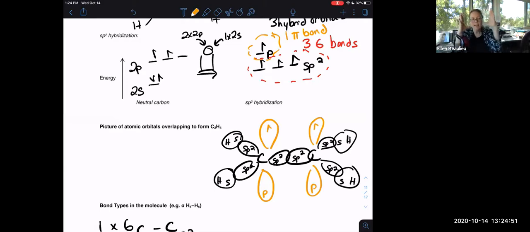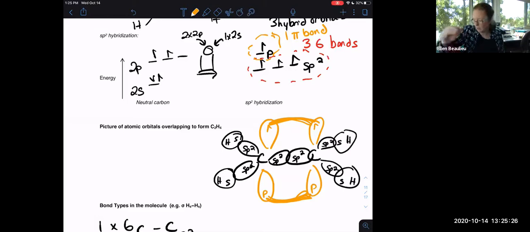So what I want you to think about is these p orbitals that are sitting here perpendicular to the plane of the molecule, they realize they're only half full. They're incomplete. And they say, oh, hello, will you complete me? And they overlap by sort of bending towards each other. So I'm going to draw some overlap just by sort of connecting them.